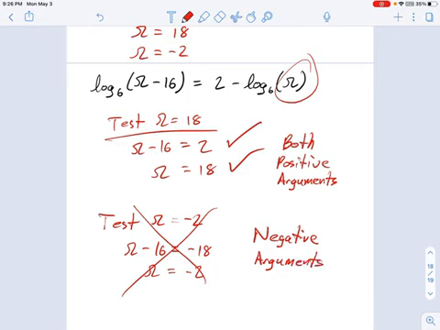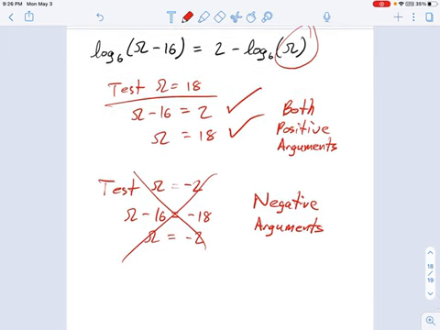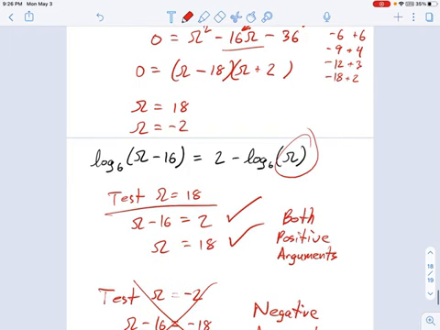So these are what we call, what was the word for these? Extraneous solutions. These are extraneous solutions. Okay, so the only solution that actually works is omega equals 18, and we ignore the omega equals negative 2. That's the solution to this one.